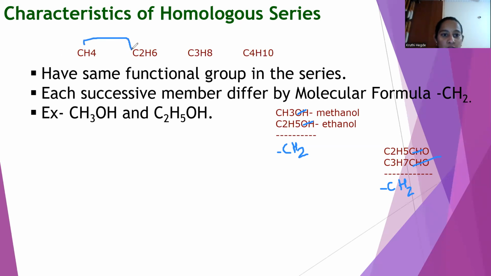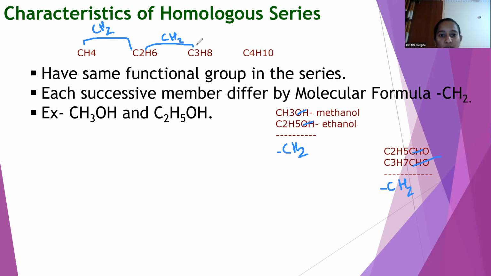CH4 and C2H6, what's the difference? 1 carbon is more, 2 hydrogen is more. So CH2 is the difference, right? Now these two members, C2H6 and C3H8: 1 carbon is extra, and H6 to H8, 2 hydrogen is extra.